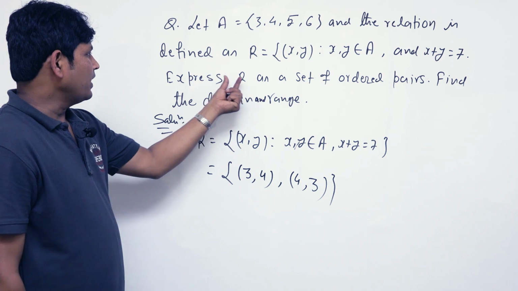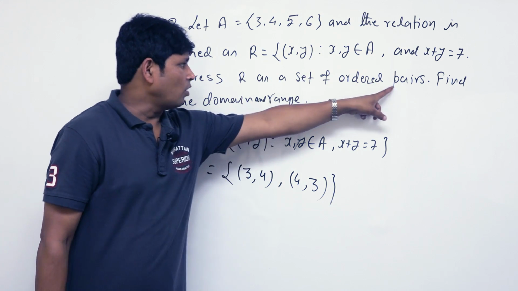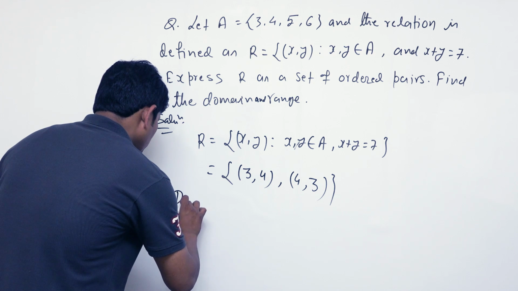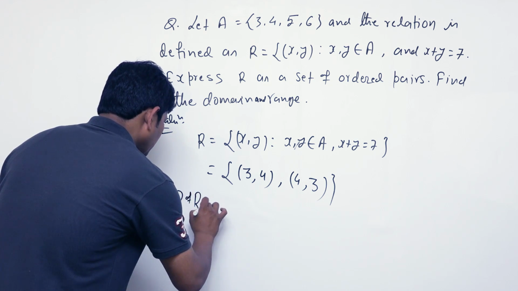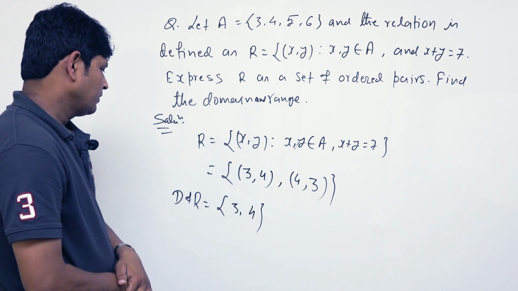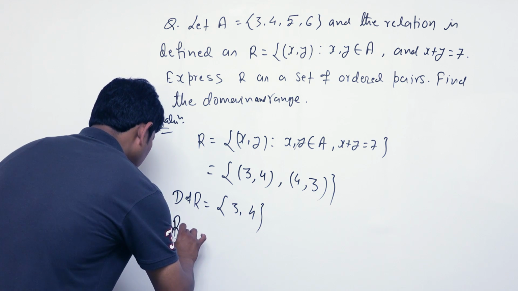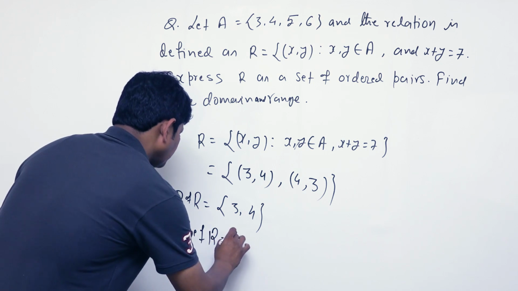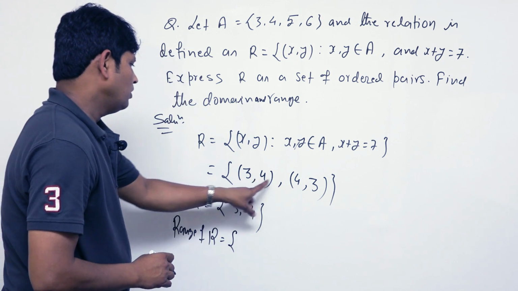After finding the relation in ordered pairs, we have to find the domain and range. What is the domain of R? The domain of R is 3 and 4. What is the range of R? The range of R is 4 and 3.